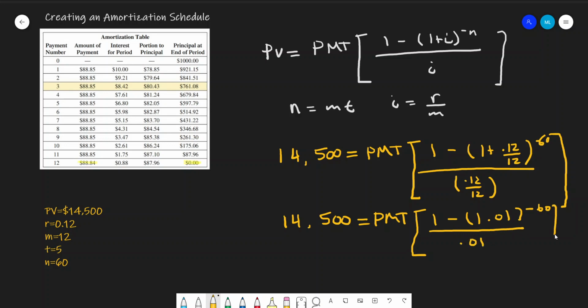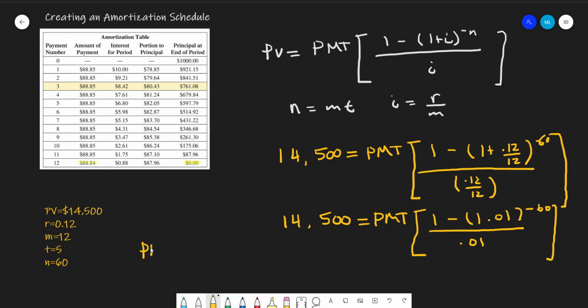Now, we can close this and solve algebraically for the payment, because all you need to do is take the 14,500 and divide by this amount.